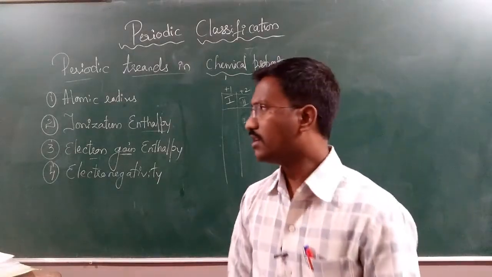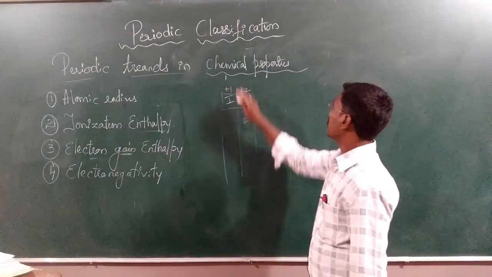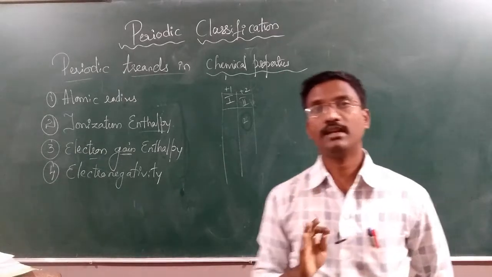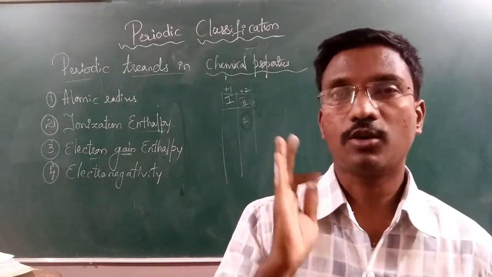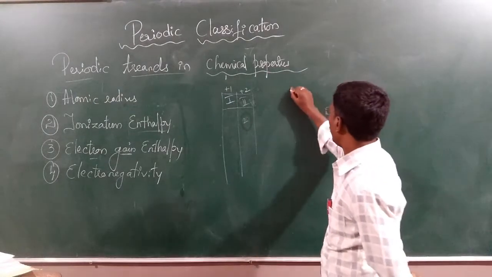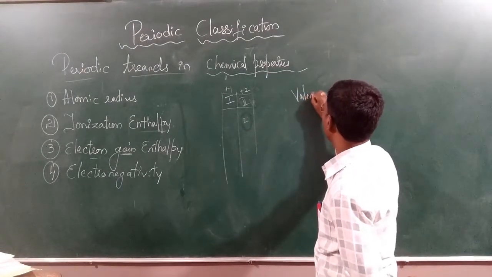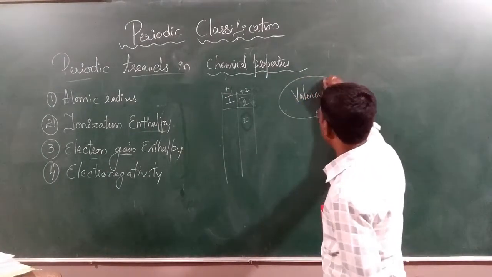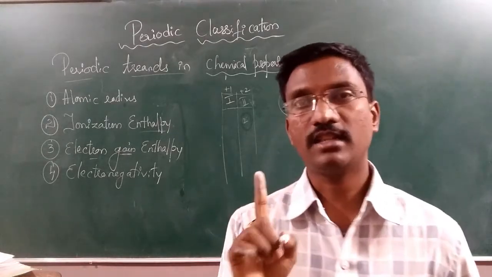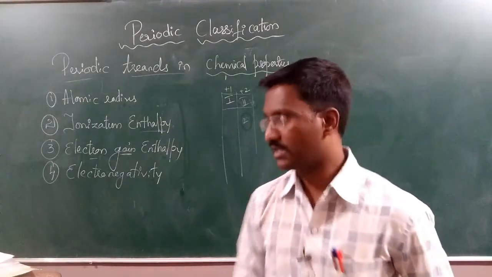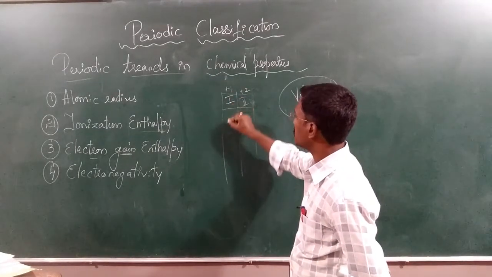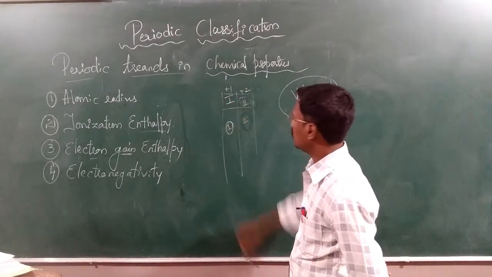So this is the reason we can say the chemical properties of the elements seem to be similar only down the group. Group wise they are having the same property. One thing, what is valency? Valency is nothing but the number of electrons present in the outermost shell. Can you see here, each group is having the same number of electrons in the outermost shell.